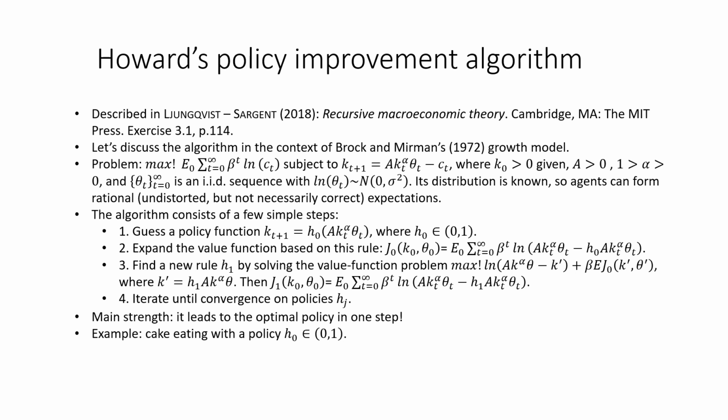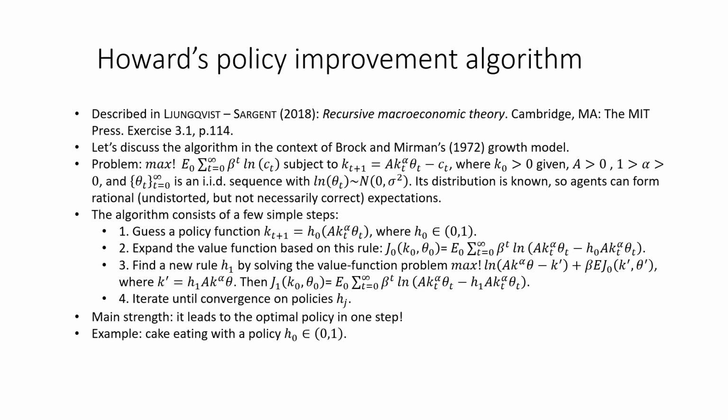So on the basis of this H0 policy rule, we calculate the value of lifetime consumption of the agent who uses this policy rule. At the end of this step 2, we will have a closed form, in this case a closed form value function. This is J0.